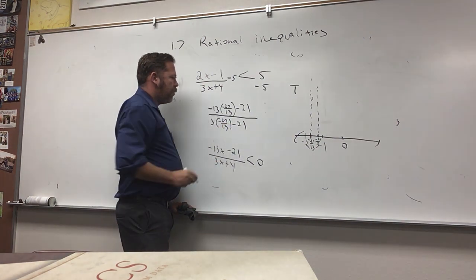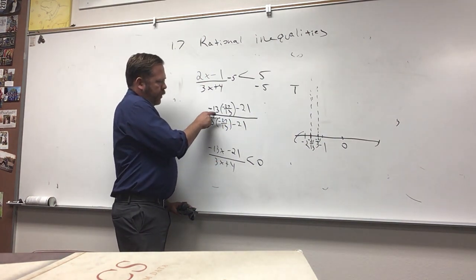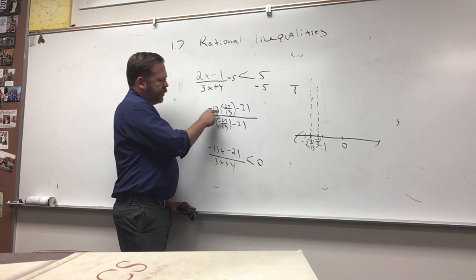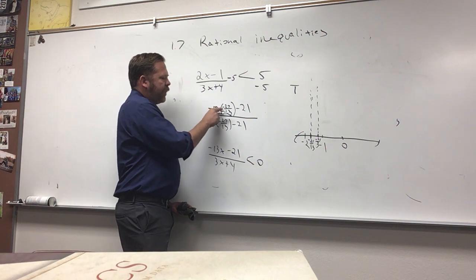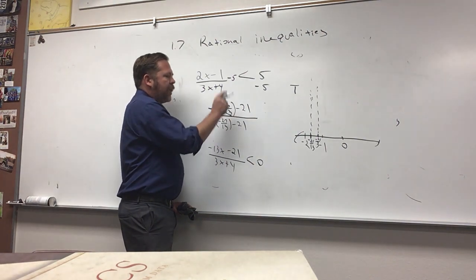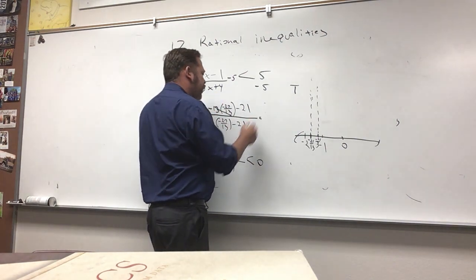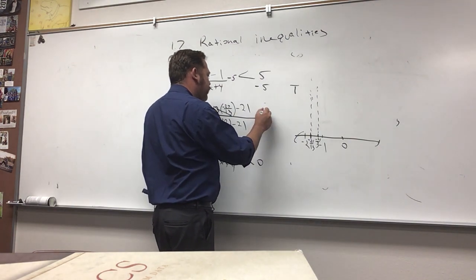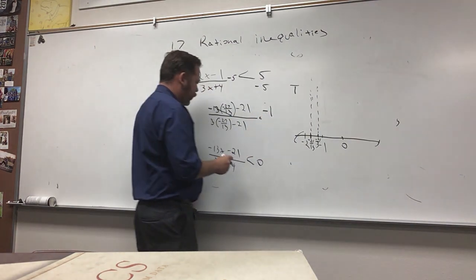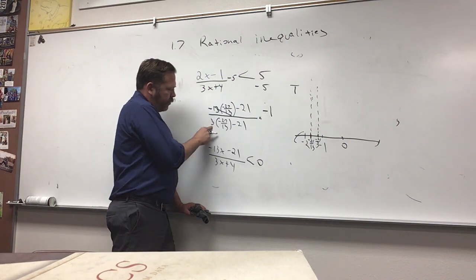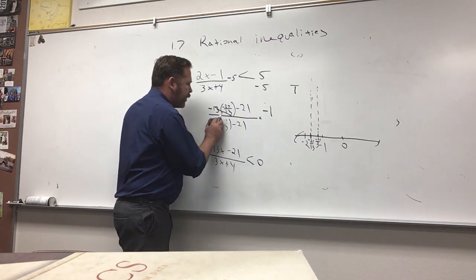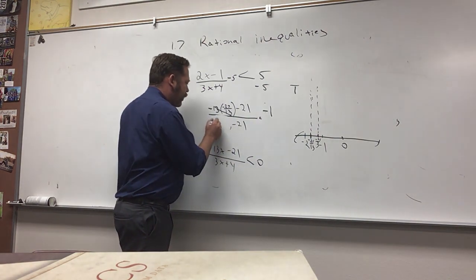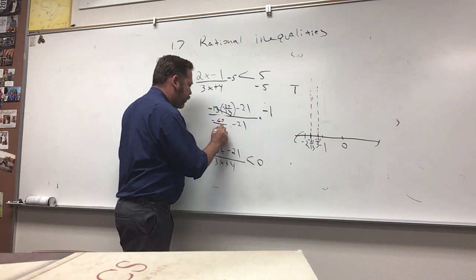All right, so luckily, negative 13 times 13, those would cancel. So I'd have negative times negative 20 minus 21, which equals negative 1. Now here, 3 times negative 20 is negative 60 over 13.